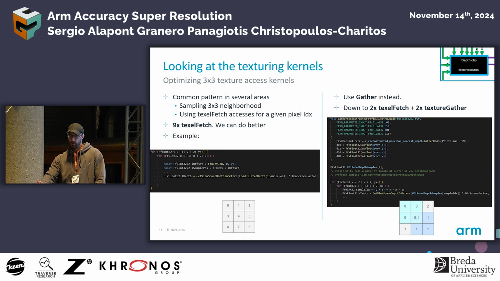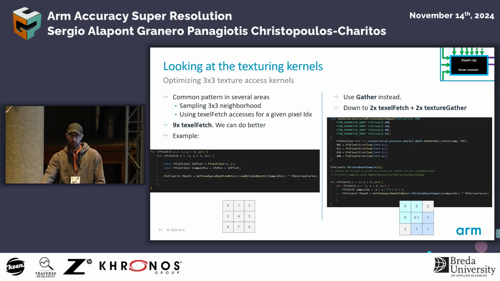For this stage, we also micro-optimize some texture operations. There are a few places where the shader is sampling a texture 9 times using a 3x3 box kernel, and it's using texel fetch. For this one, we tried 2 texture gather operations to sample 7 texels, and for the remaining corners, we just used texel fetch.